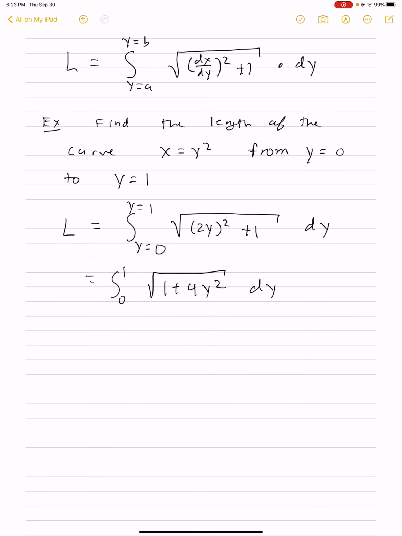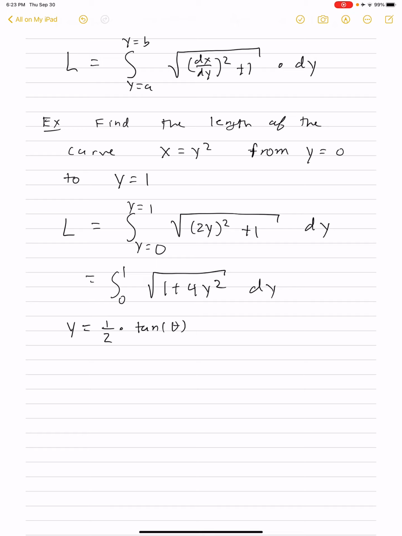Well, how do we integrate this? This has a radical. So this is kind of telling us we're going to do a trigonometric substitution. The trigonometric substitution we're going to do is y is equal to 1/2 times tangent of theta.